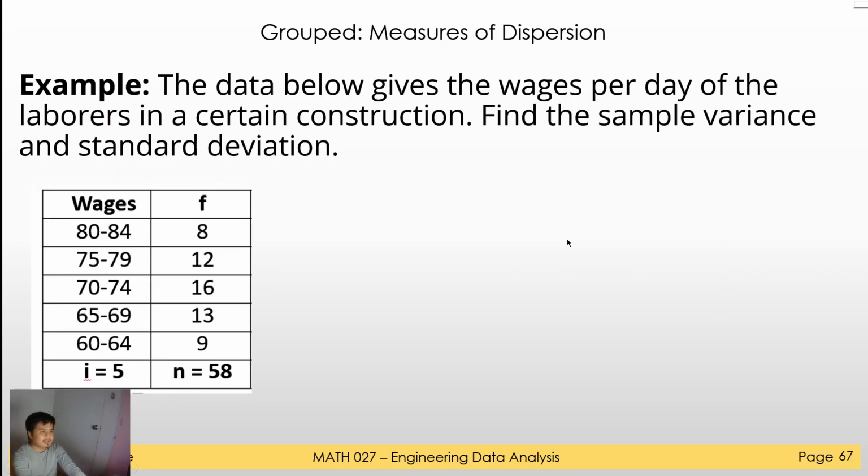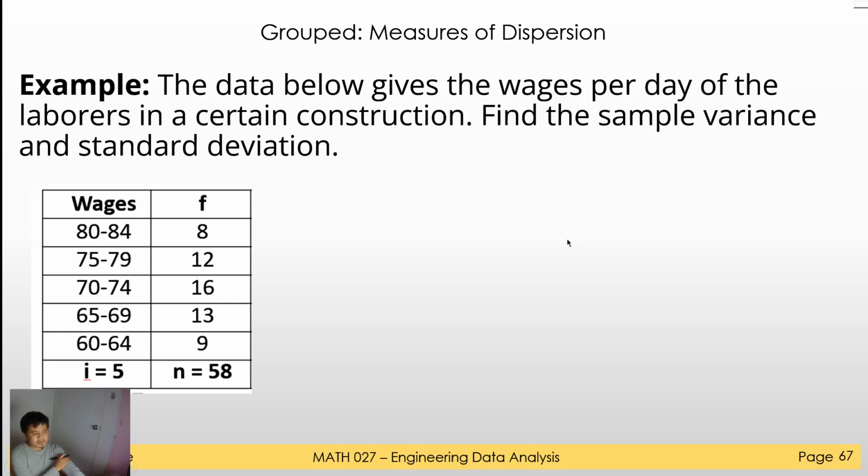Let's say we have a given data, which is the wages per day of the laborers in a certain construction. Find the sample variance and the sample standard deviation. With the given wages and their frequencies, we can already know the class width, which is i equal to 5, since we have 80, 81, 82, 83, 84, which is 5 integers.